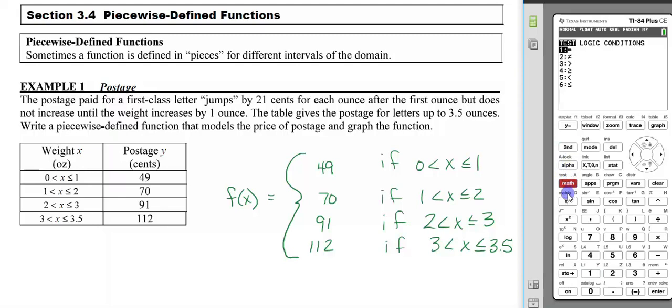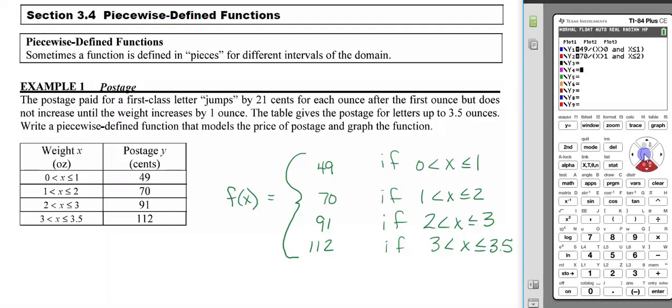And back into the test, we put that logical operator of an AND. So we have to be greater than 1, and x must be less than or equal to 2. And close what those conditions are. Now when you graph again, you'll see the second piece being graphed.